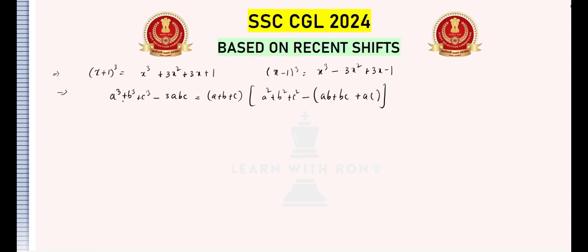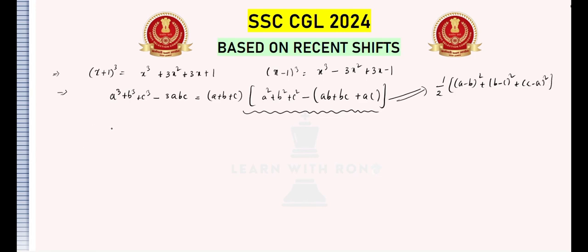Okay, try to remember this formula, but with this formula we can get more formulas. See this section, a square plus b square plus c square minus ab plus bc plus ca, this is nothing but 1 by 2 multiplied with a minus b whole square plus b minus c whole square plus c minus a whole square.